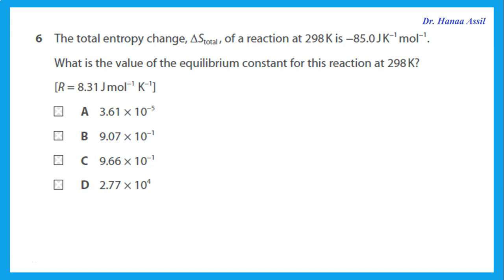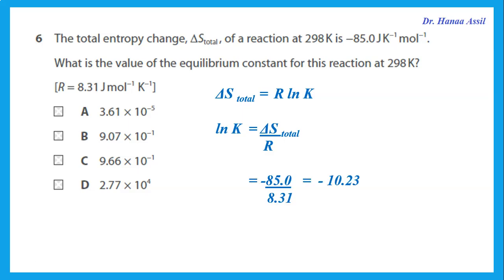You should know that delta S total is R ln K. So I can rearrange that and try to get ln K. We put in the delta S total. R is 8.31. This gives me a value, and from that I can get that K is 3.61 times 10 to the minus 5.